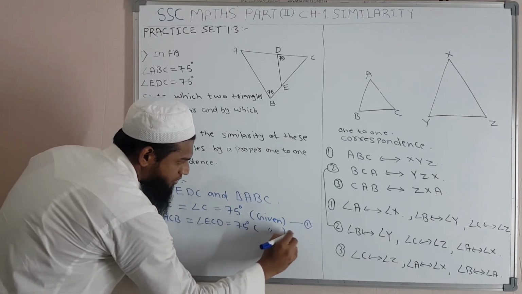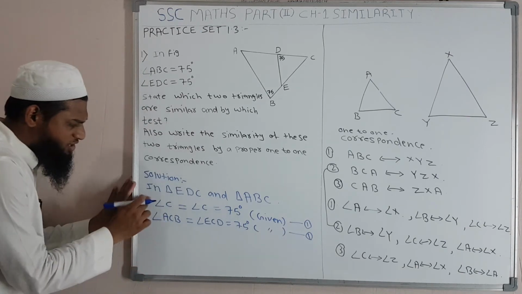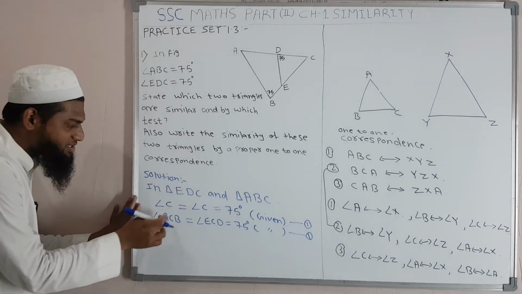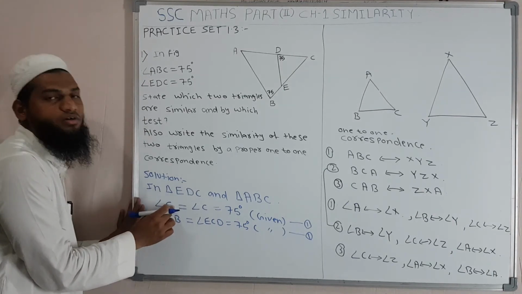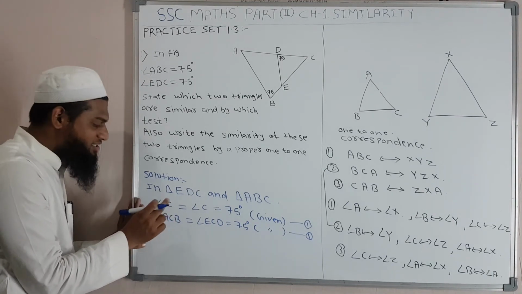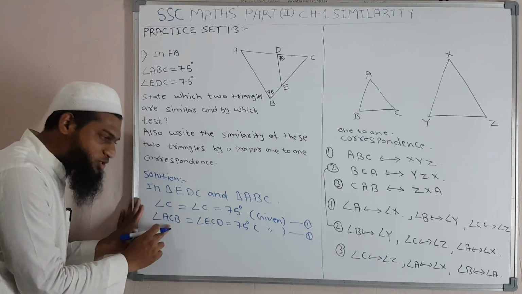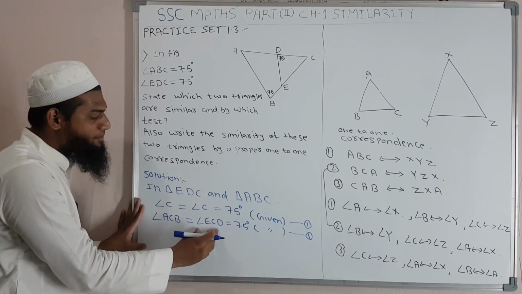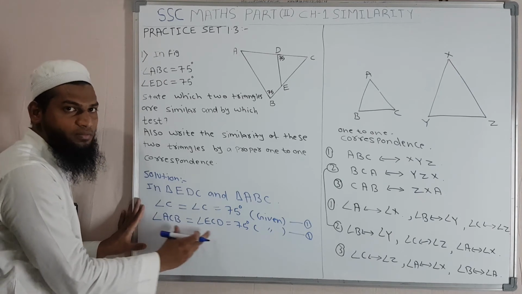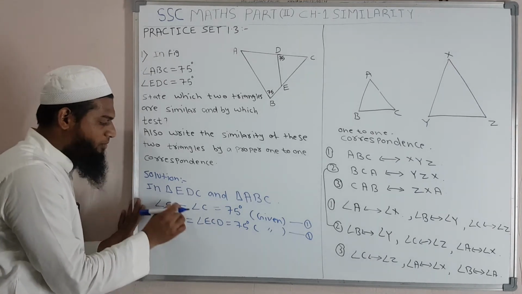This is given. These two equations are the same; I am just writing the name in three letters or here in one letter. This is also angle C, this is also angle C. I am just writing it in full form or short form.